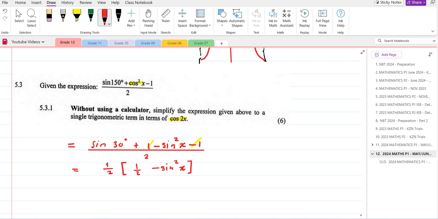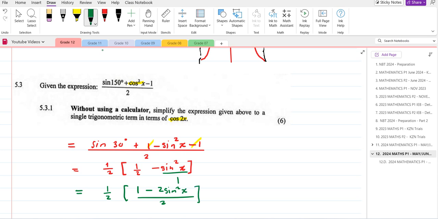Right, so this here, okay, we can take LCD here. LCD is 2, so put this over 1, right? So I've got half into 1 minus, remember this is over 2, LCD is 2, 1 can go into 2, 2 times sine squared is 2 sine squared x, right?